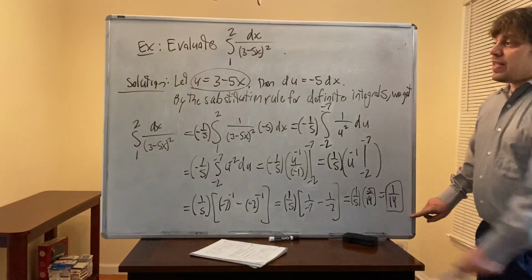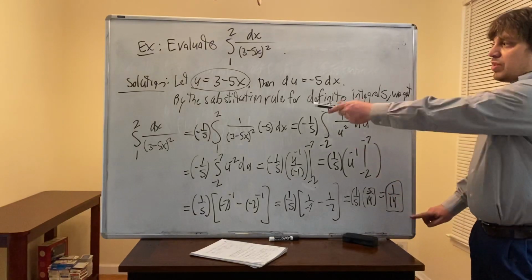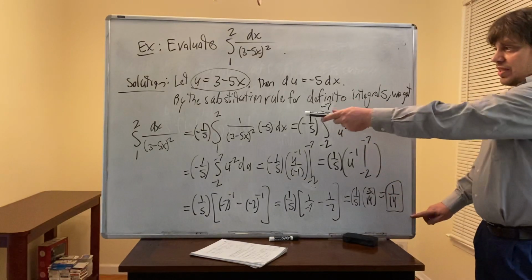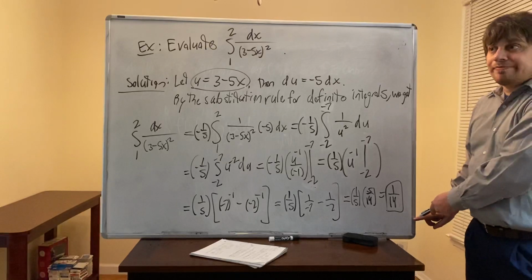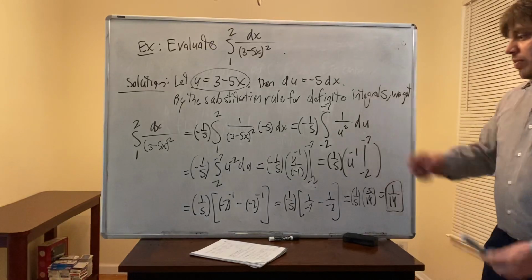Okay, so that definite integral using the substitution rule for definite integrals, you get that definite integral is equal to 1 over 14. Okay, and so that problem is also done.